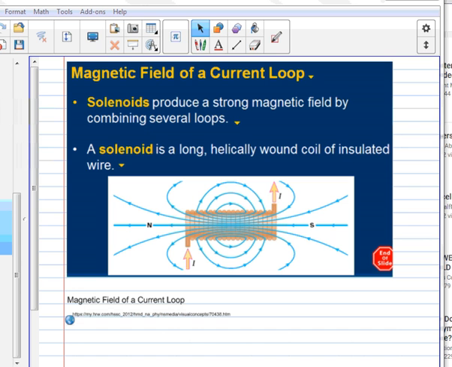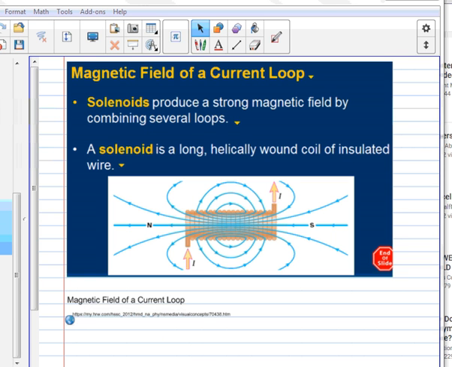So if I put it under this one, which has many more loops, and run the current through this one, what do you think will happen to the speed of that needle? It's probably going to go much faster as it goes over there.